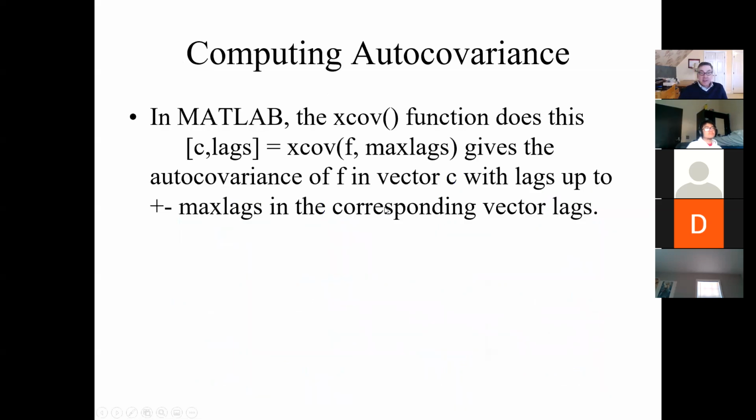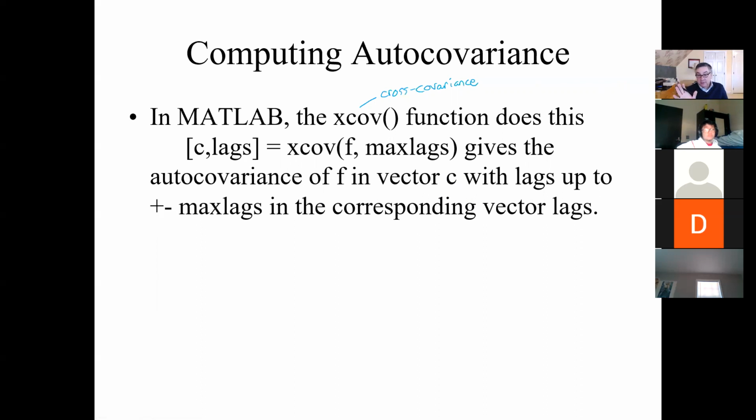In MATLAB, there is a function called XCOV, which actually says cross covariance. And it basically will estimate the autocovariance of a signal with lags up to however many max lags you specify.